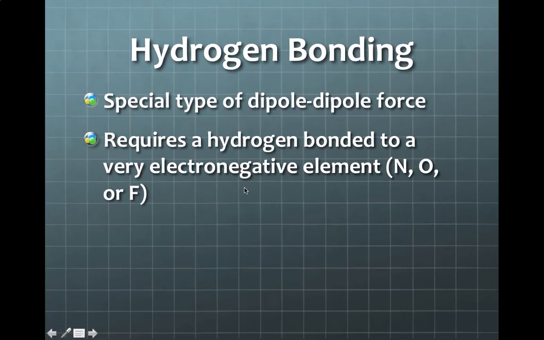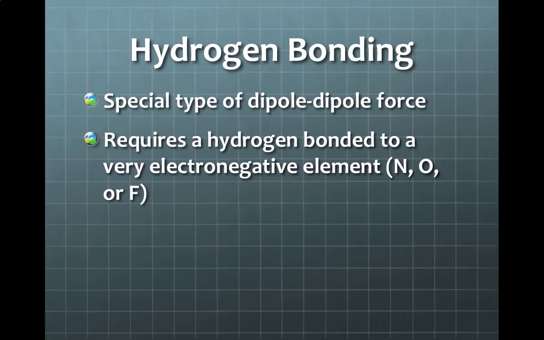A way to remember it is "I can't get enough NOF of hydrogen bonding," or "hydrogen bonding is almost fun," F-O-N. Those are two that previous students have come up with to remember that hydrogen bonding must include a bond within the molecule. So we're talking intramolecular force.